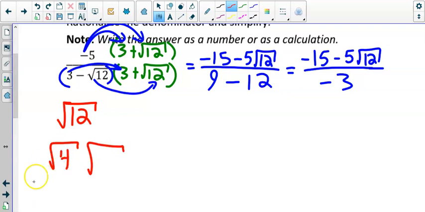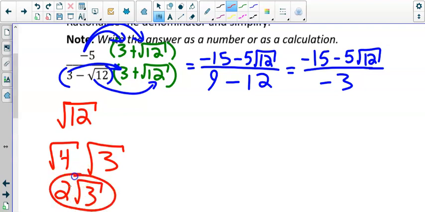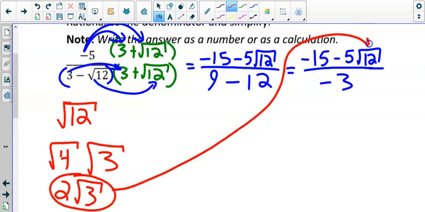Square root of 4, because that's our perfect square, and 3, which is not the perfect square. What is the square root of 4? 2 with radical 3. So this 2 radical 3 is going to come over here, and we're going to replace the square root of 12 with it.